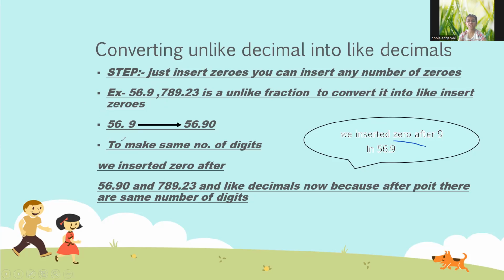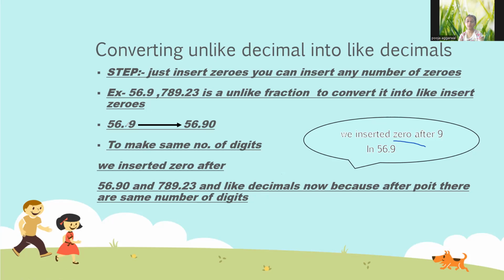So for 56.9, we will insert a 0 after 9. Remember one thing: the number before the decimal point will never change. We will never insert a 0 before or after that number. We will always insert 0 with the number on the right side of the decimal point.